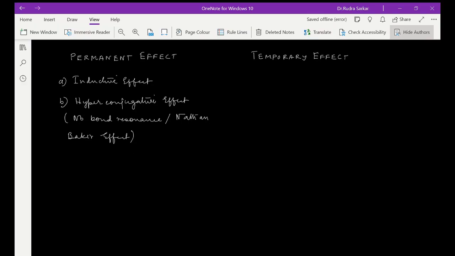Okay, and then we have the mesomeric effect.